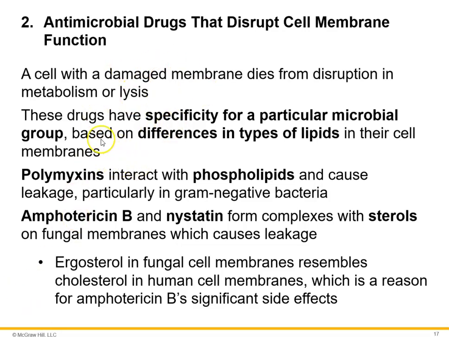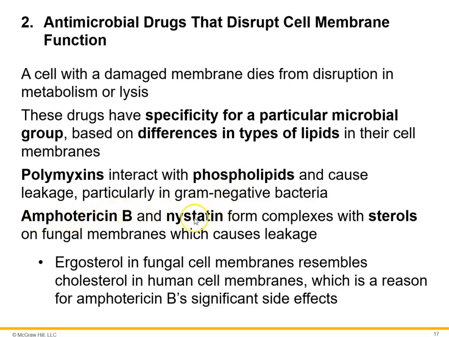Okay, so they have a specificity for a particular microbial group based on differences in the types of lipids that are in the cell membranes, okay? So depending on the drug, it's going to act on a different type of lipid. For example, the polymyxins interact with phospholipids, especially in gram-negative bacteria, and cause the cell to leak, and ultimately the cell ruptures and dies.